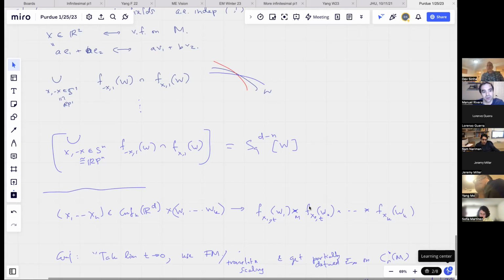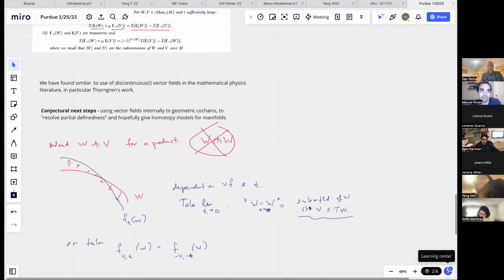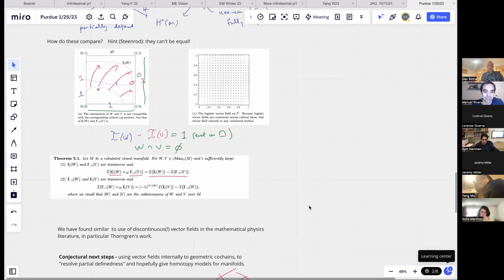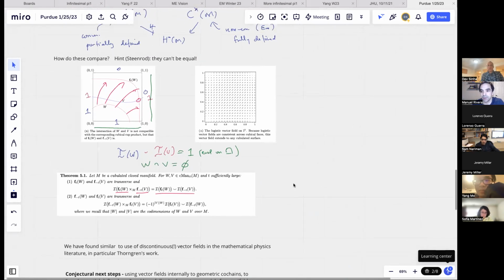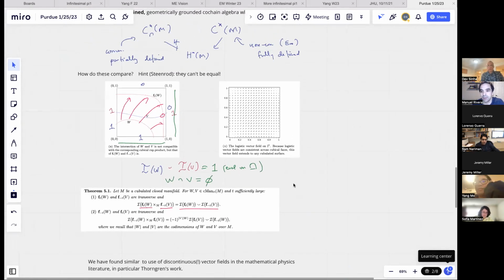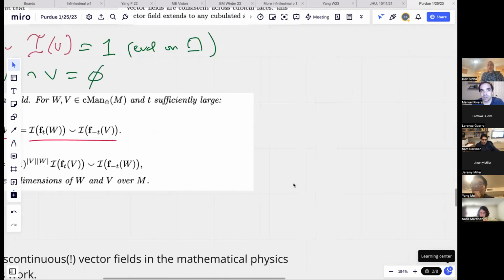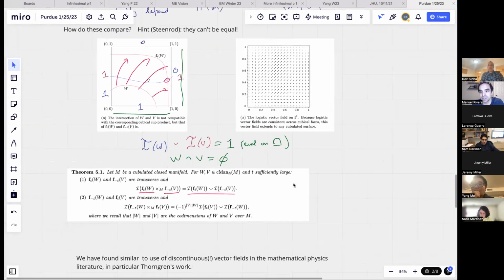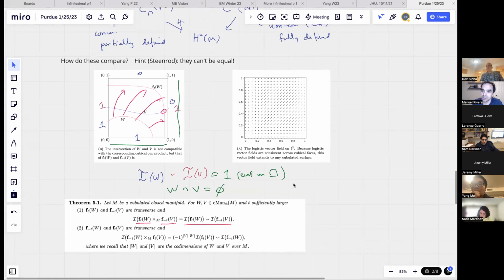I was wondering if you can work with a triangulation or cubulation of W, and somehow get an induced triangulation on the intersections, but that sounds hard. Right, so not on the ambient manifold M, but on the W representative, just like geometric simplicial chains. That's a nice idea, actually. I hadn't thought of that.